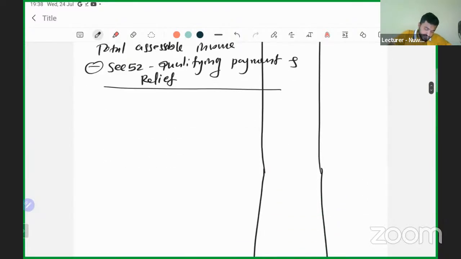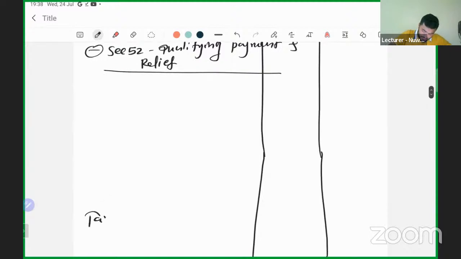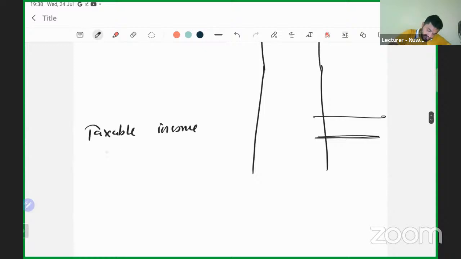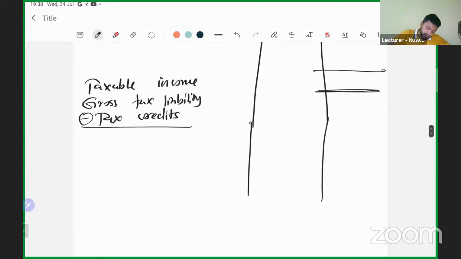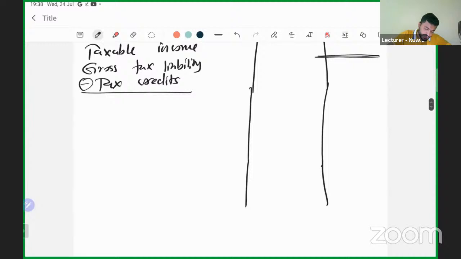Once you deduct these, you can calculate taxable income. Then you get the gross tax liability. Then deduct the tax credit from the gross tax liability, so you can calculate the balance tax payable.